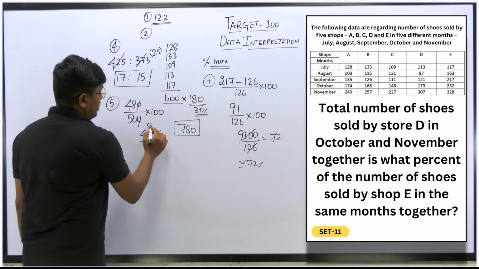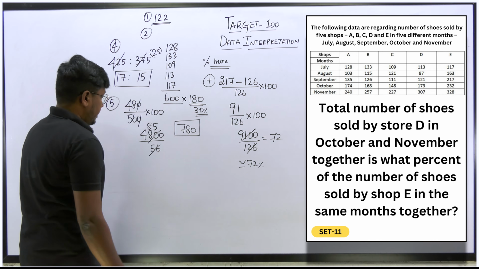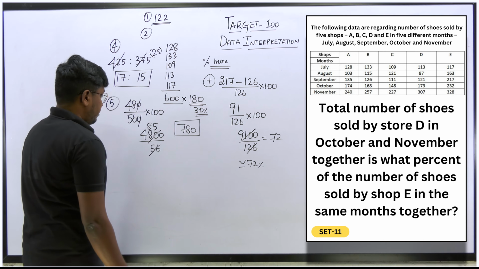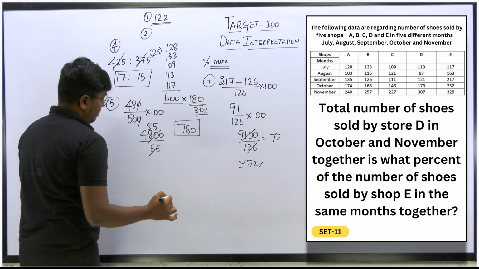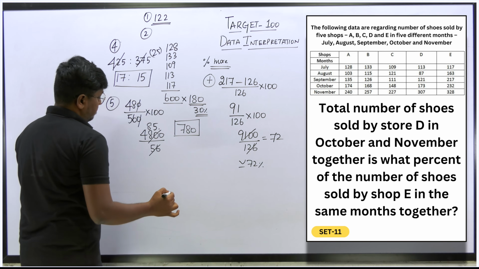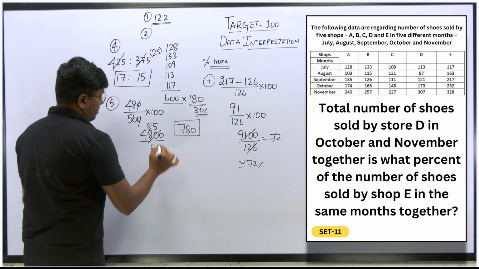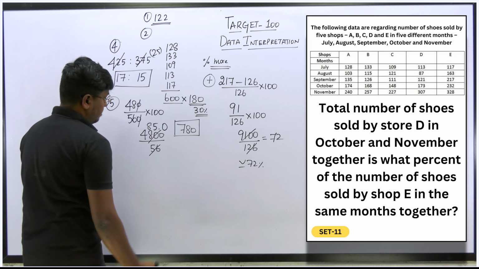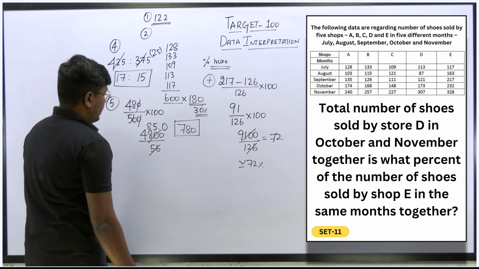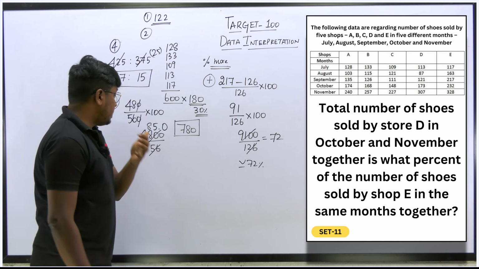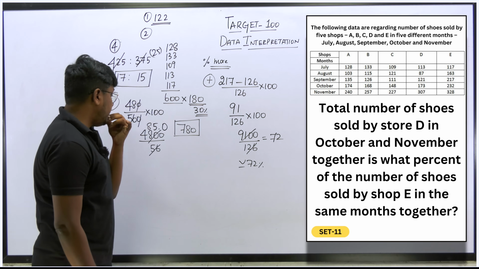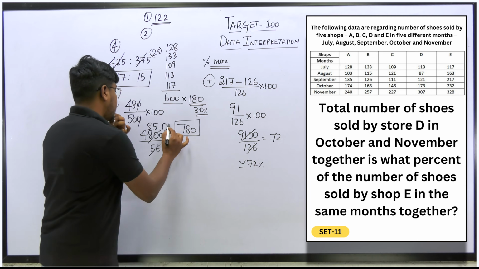Six times it won't be, so 5 times. Something around 85%, because it keeps on moving, right? So it is like 0.57, again it goes on with 7.